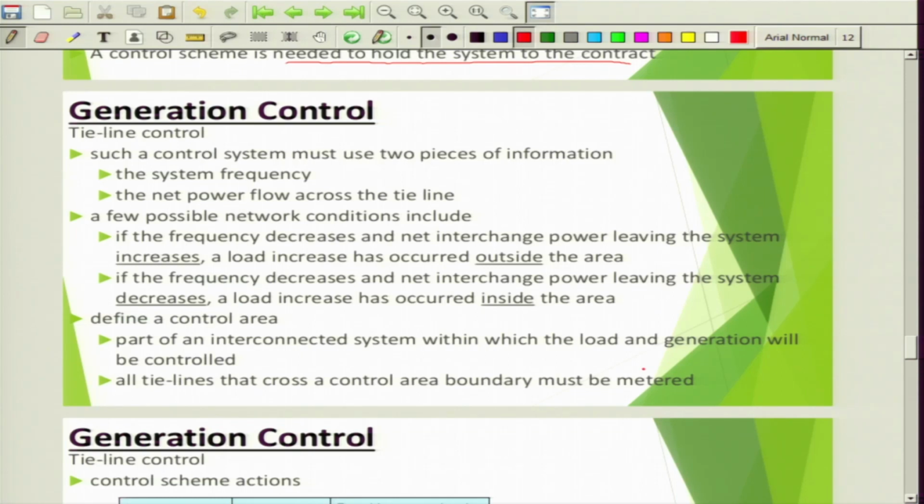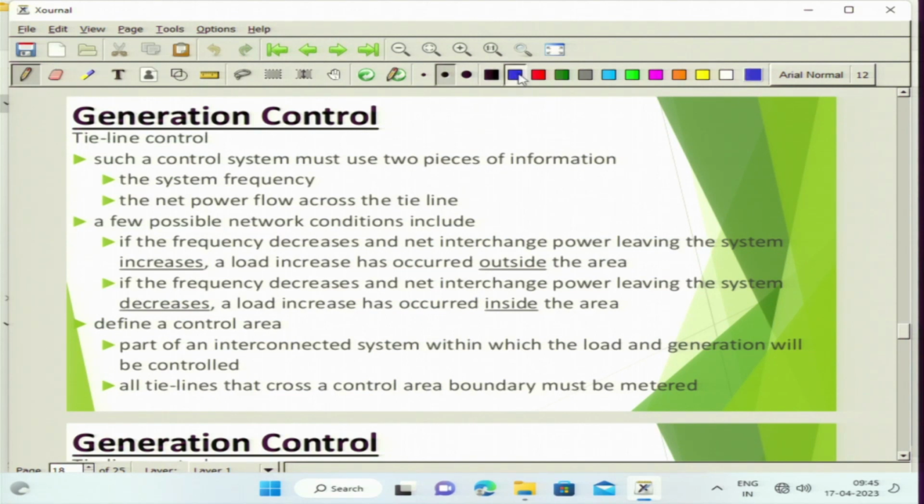Such a control system must use two pieces of information basically. One is the overall system frequency and the other is the net power flow across the tie line. A few possible network conditions include: if the frequency decreases and net interchange power leaving the system increases, a load increase has occurred outside the area. Try to understand this point.